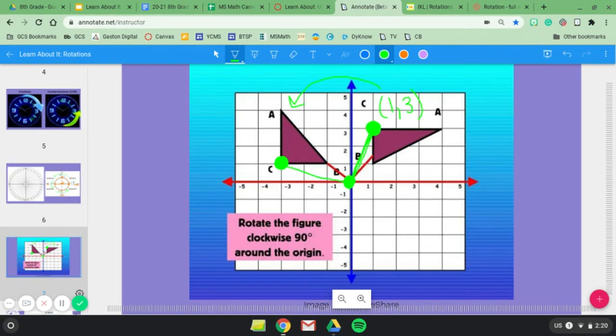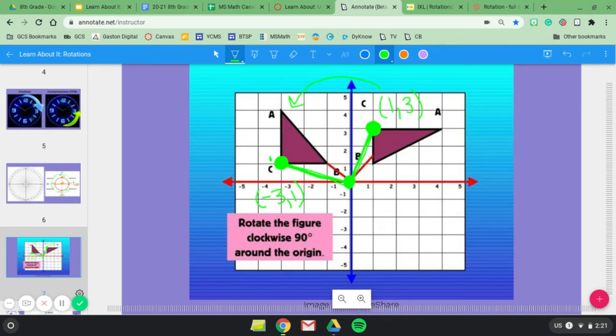That's where that degree comes in. I went 90 degrees counterclockwise, or to the left. And where C prime ended up is at -3, 1.